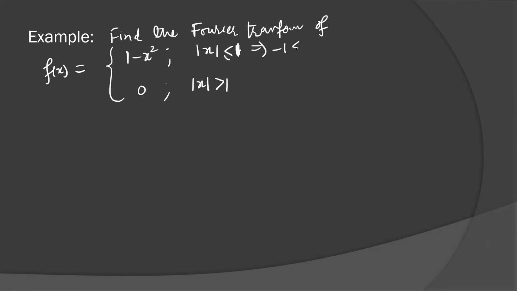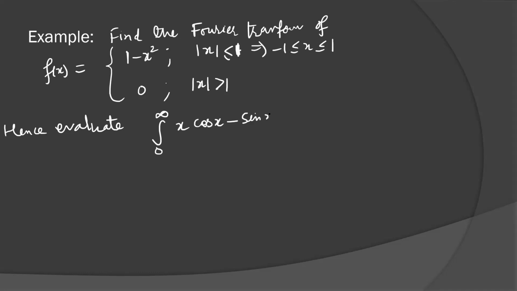It means it is minus 1 to plus 1. Hence evaluate the integral from 0 to infinity of (x cos x minus sin x) over x cube into cos x by 2 dx. So let's see the solution.